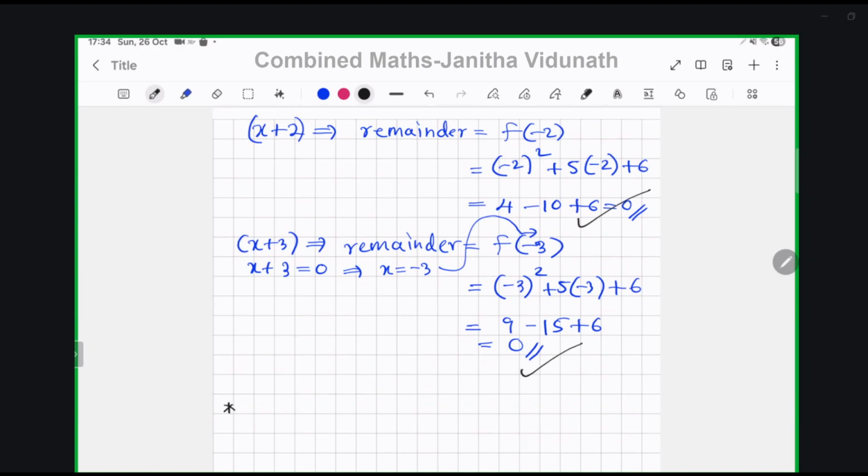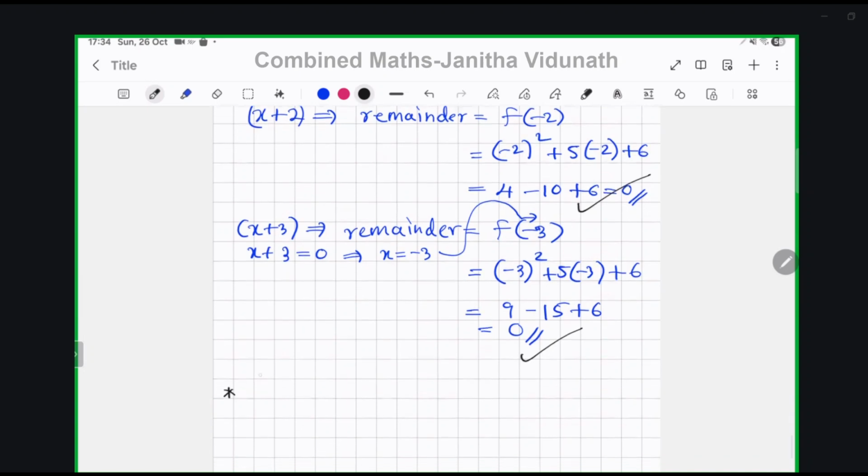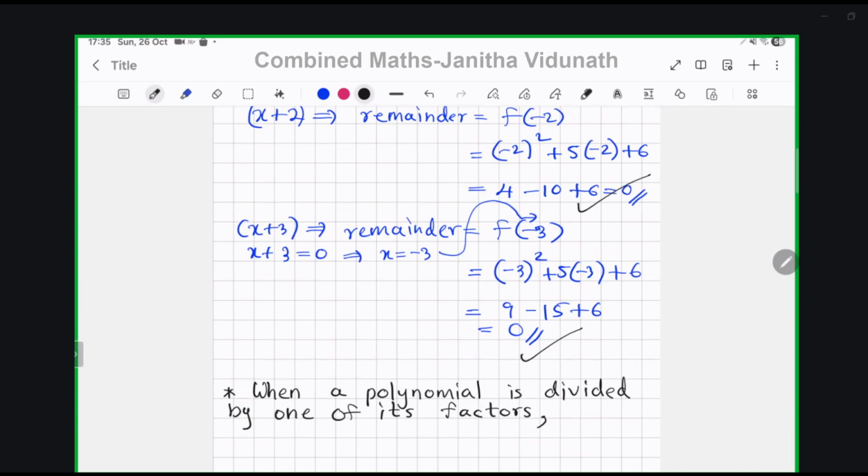Let me repeat. If we divide a polynomial by its factor, the remainder should be 0. That means when a polynomial is divided by one of its factors, the remainder should be 0. The remainder is 0. Okay.